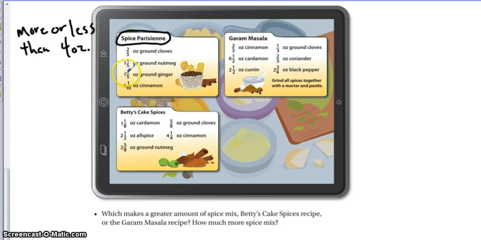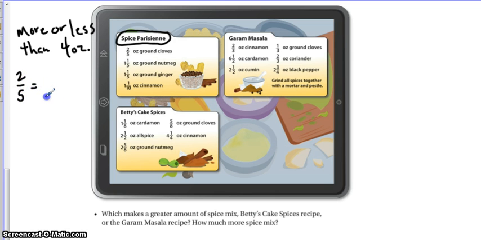Okay, so in order to determine whether or not it's more or less, it said to use estimation, which means I'm going to be rounding things and using some fraction benchmarks. So over here, 2/5. Let's take a look at 2/5. 2/5 is less than half, but it's kind of close to half because the decimal equivalent of 2/5 would be 0.4.